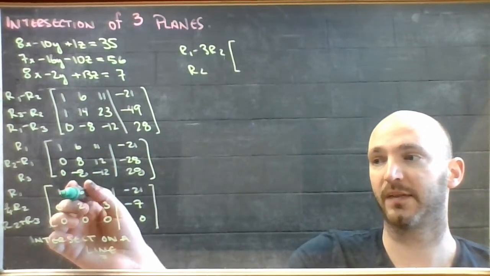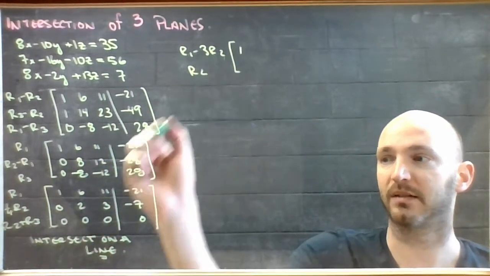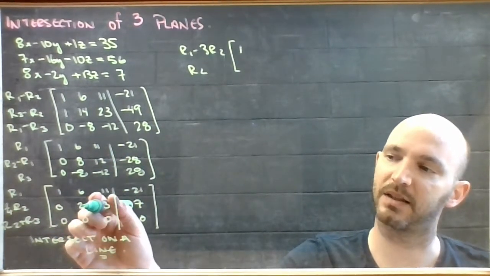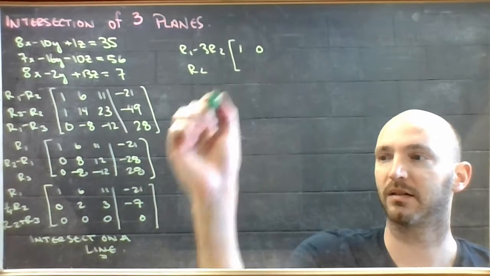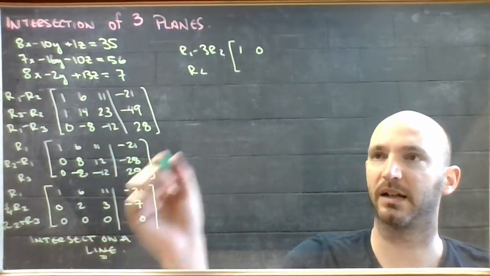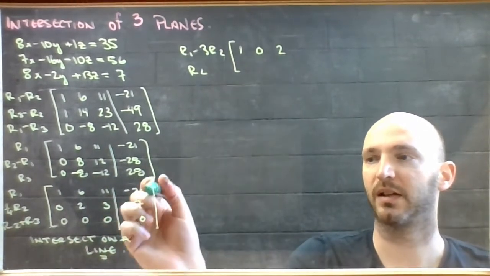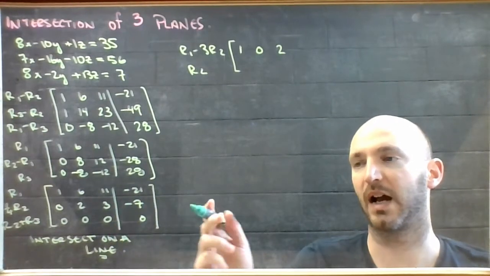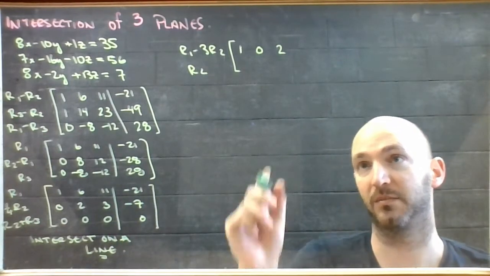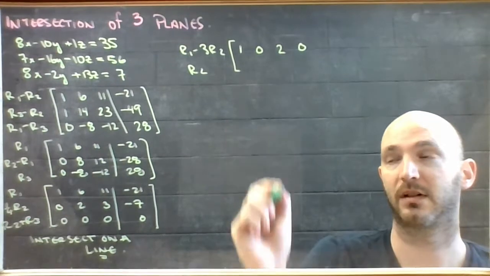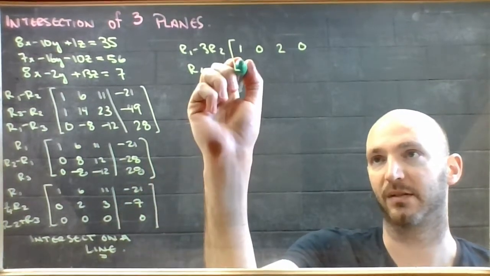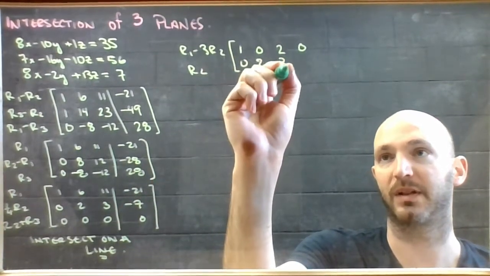So 1 of these minus none is 1. 6 minus 3 of these would be gone. 11 minus 9 would be 2. And negative 21 subtract negative 21 would be 0. This row is 0, 2, 3, negative 7.